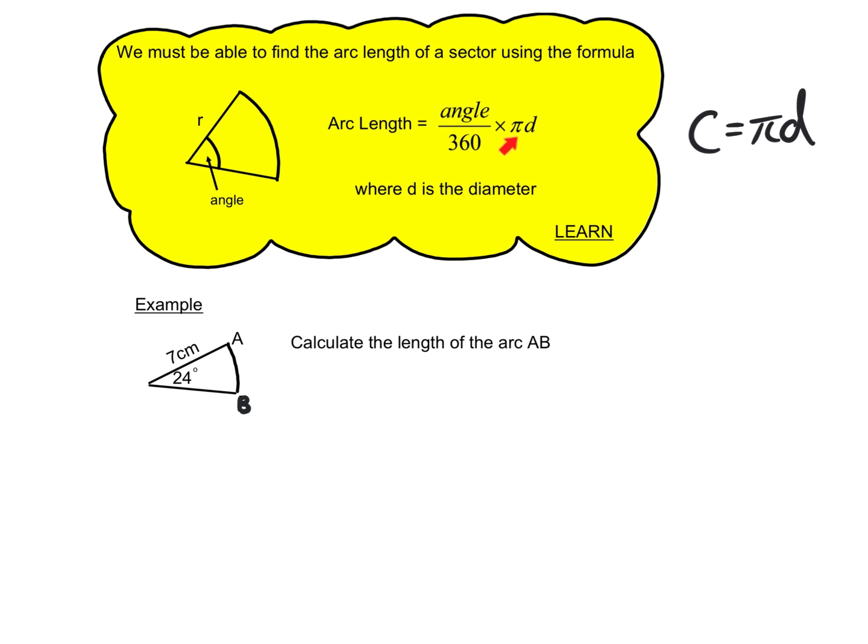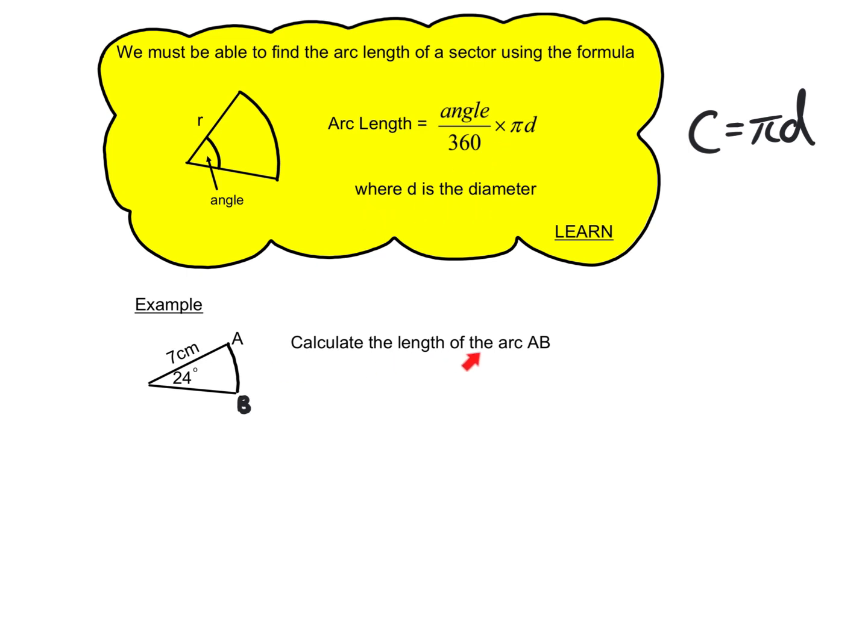You can see that here in your formula. This part here is the circumference. And this angle over 360 is just telling us what fraction of the circle we have. So for instance here, if I had 23 degrees here, then I would have 23 360ths of pi d. A reminder in the formula that d stands for diameter.